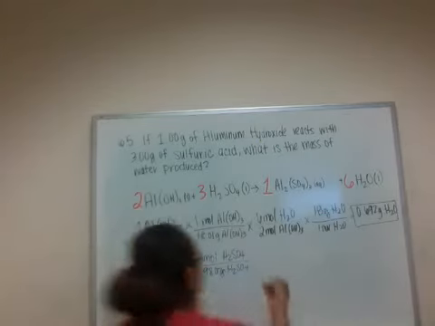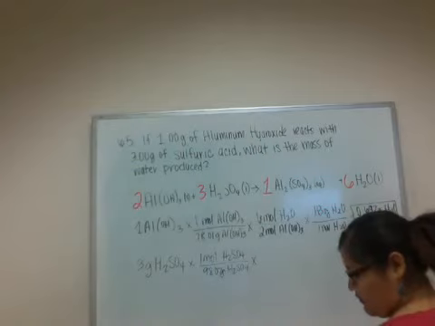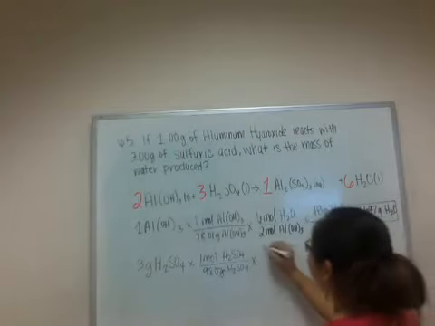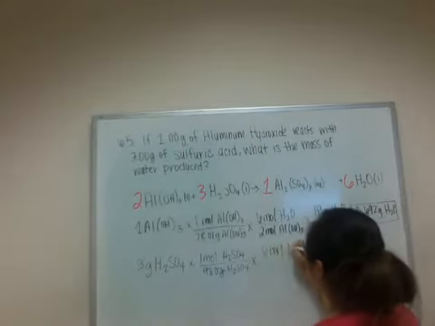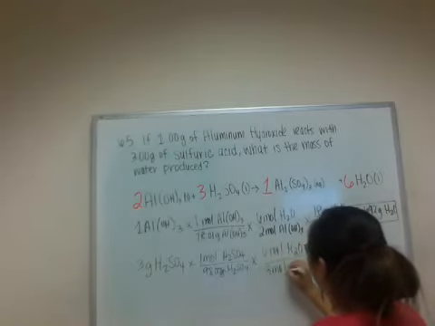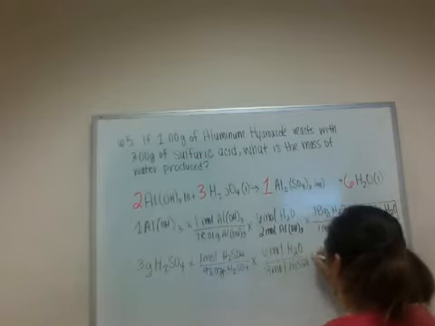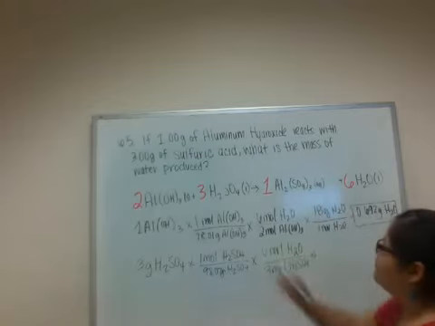Next is our ratio, which is 6 moles of H2O over 3 moles of your H2SO4, which you can find from your balanced equation.